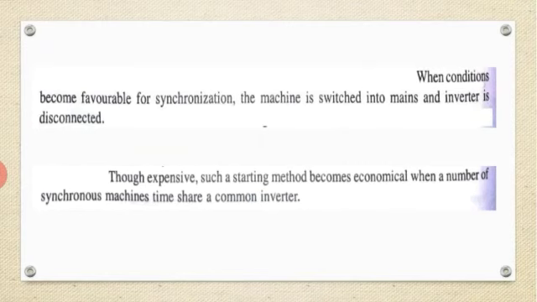So the machine is switched onto the mains and the inverter is disconnected. What it means is that when the condition becomes favorable for synchronization, the rotor has attained synchronous speed. Then the machine is switched onto the mains and the inverter is disconnected.